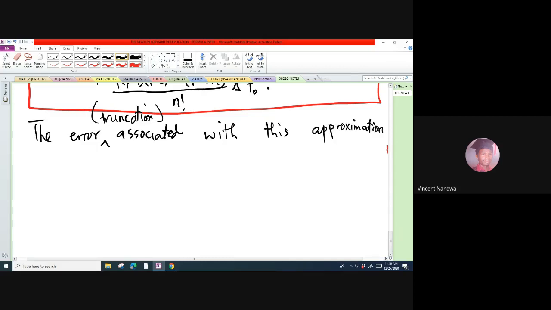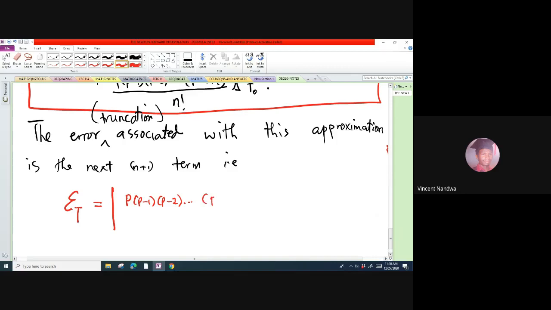That means that if you're approximating by a polynomial of degree n, the error is the next, n plus 1 term, i.e., the truncation error is roughly given by the absolute value of p into p minus 1, p minus 2, up to p minus n.